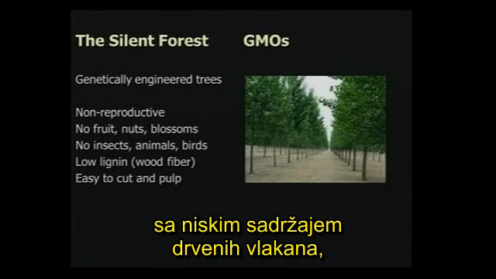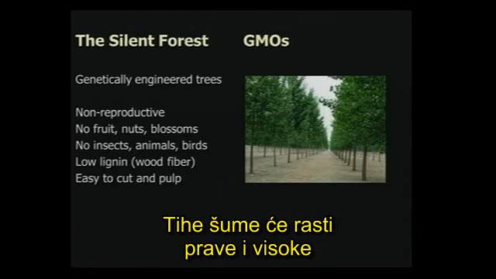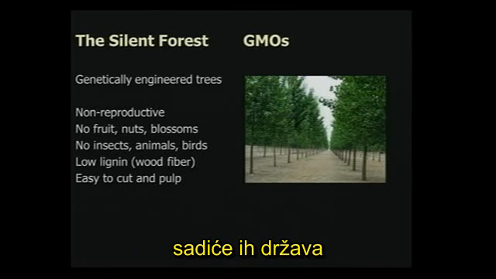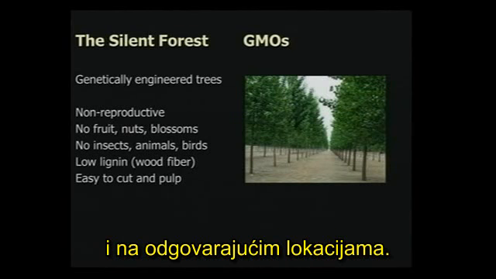Low lignin, that's the wood fiber, which makes the tree very easy to cut and pulp. The silent forest will grow straight and tall and will be replenished by the state in what will be considered appropriate numbers and in appropriate locations.